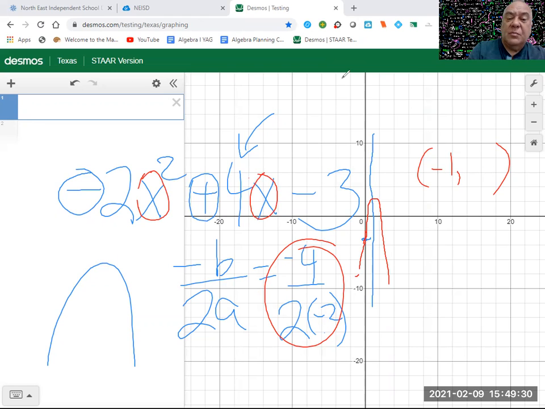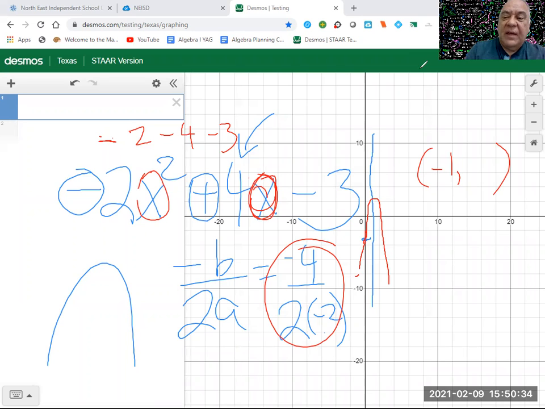So you know the x value is -1 of the vertex. The y value, you plug in -1 to x and see what it calculates out to be. -1 squared is +1 times -2. It's -2. -1 times 4 is -4 and -3. Okay, let me go back and fix what I just said.